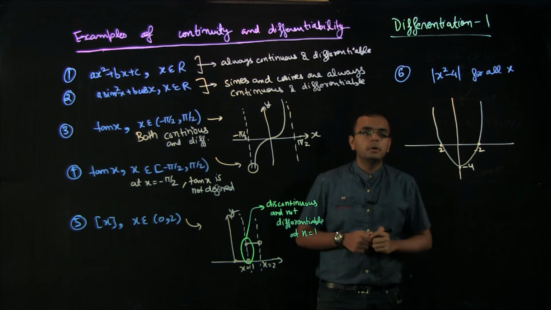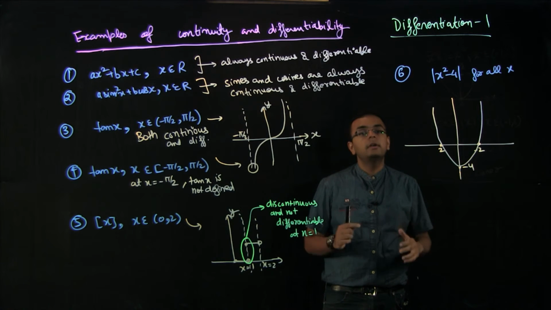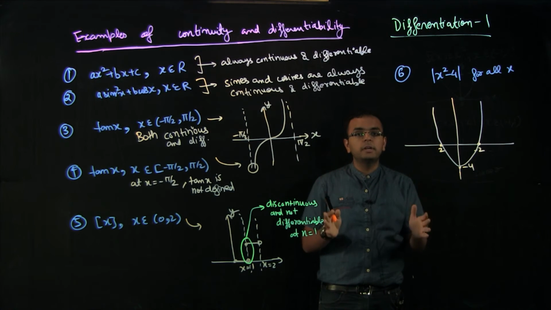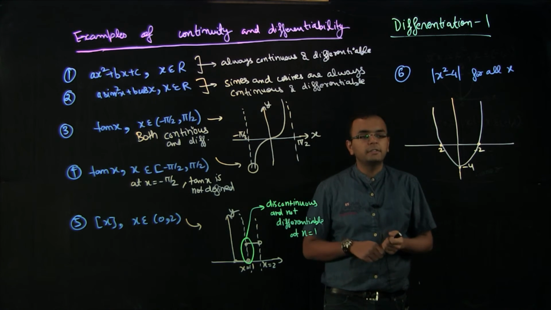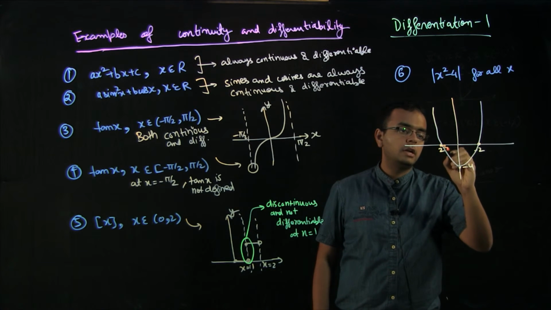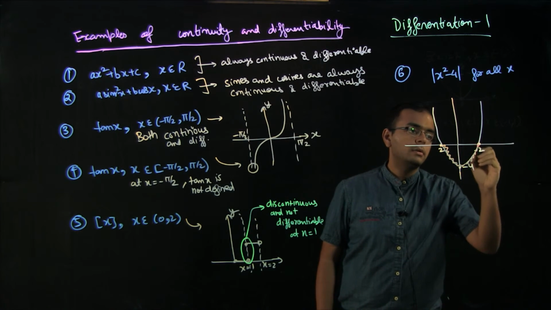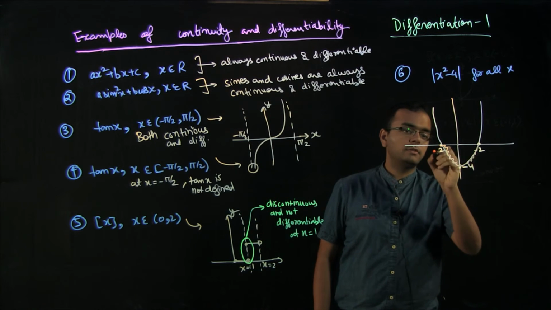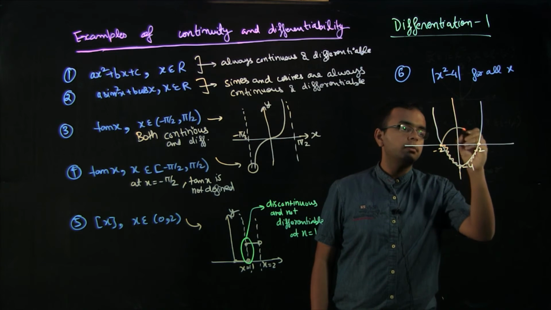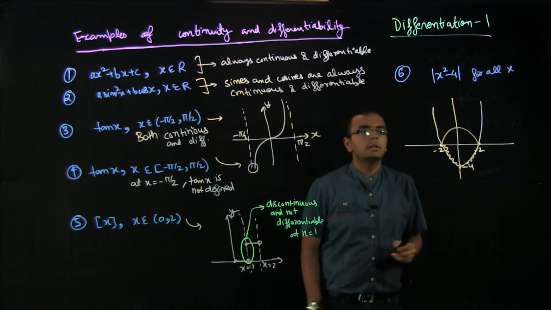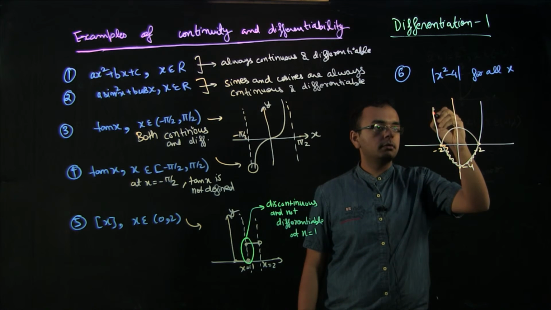Now because you have a mod for the entire function, you flip it along the x-axis, because whenever the value is negative, it will basically become positive. Sorry, this was minus 2, and this will become something like this. Okay, so this is the final curve.